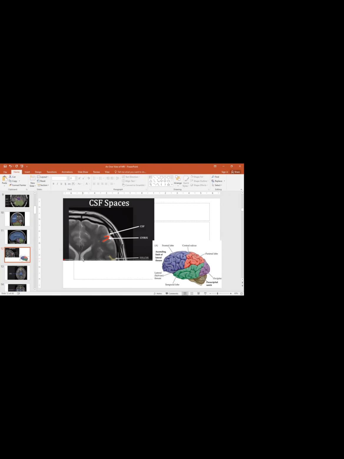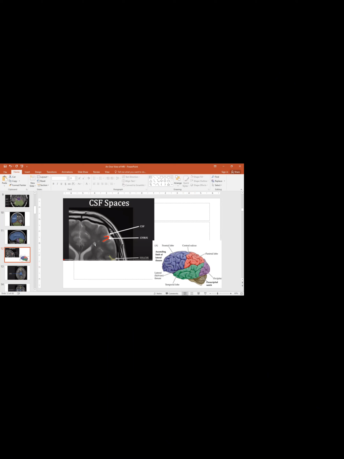We all know. Then this is the anatomical diagram of the brain showing that there are many projections and some sulci. The sulci are like depressions, and the projections are known as gyri. So gyri are projections, and sulci are depressions. The sulci also contain CSF, so that CSF can be appreciated on MRI.